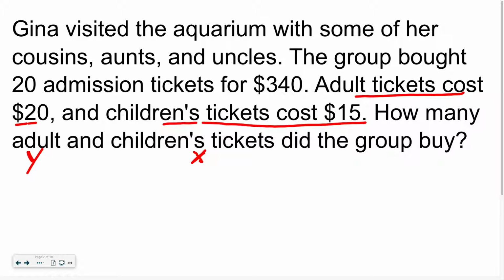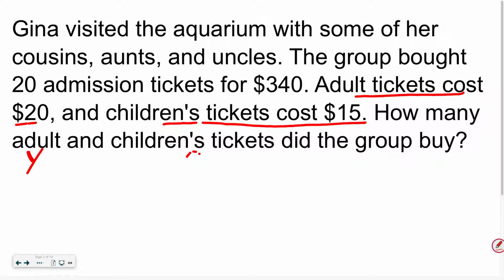So Mortimer said that we know that adult tickets cost $20 and children's tickets cost $15. Can we write an equation? You can do C. So you're changing children's to C. Yeah, C15.